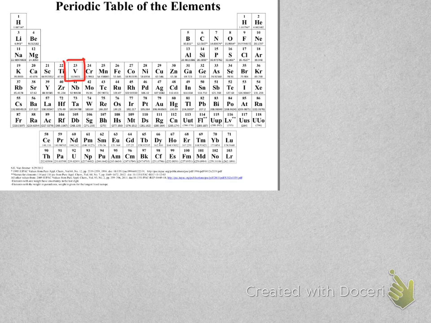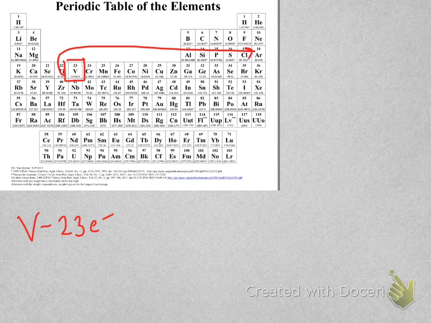Let's look at vanadium, atomic number 23. So this has 23 electrons. Well, for any element, to figure out which noble gas we would need to use, we would go ahead and look to the period above it.